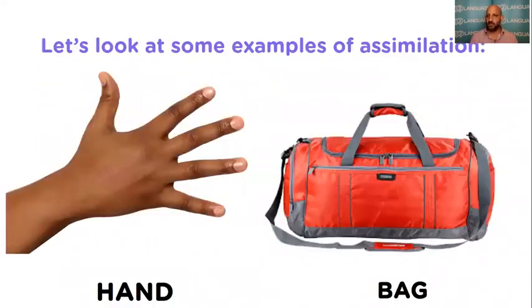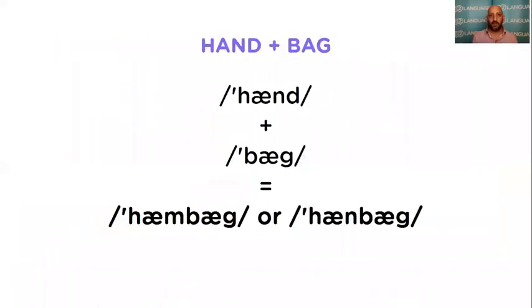So let's look at some examples of assimilation. On the left, we have a hand, and on the right, we have a bag. Two simple one-syllable words in English, a hand and a bag. So the phonetic symbols are hand, h, a, n, d, and bag, b, a, g, okay? Hand, bag. But when we make it into one word, a compound word, it's not "handbag," is it?